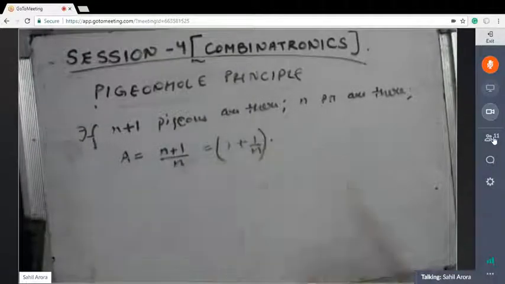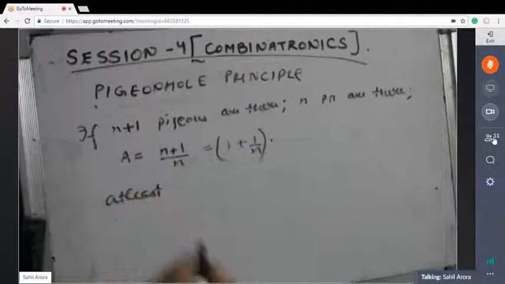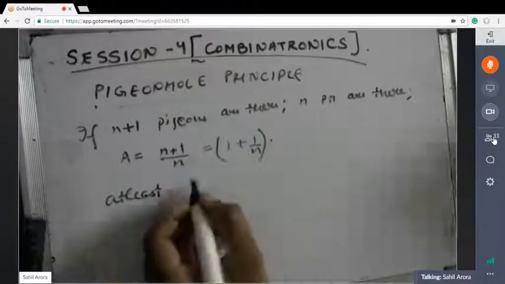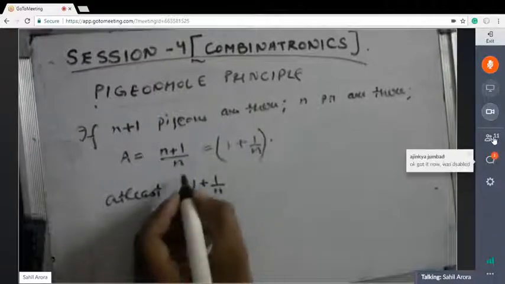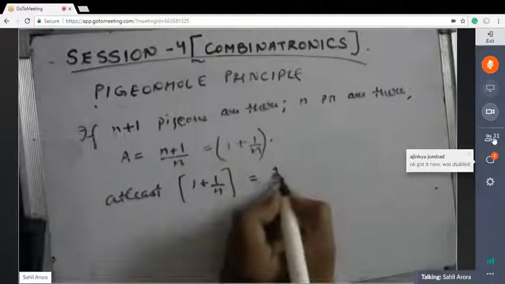Some pigeonhole will consist of at least the ceiling of 1 plus 1 by n, which is 1 plus something, and the ceiling is 2.